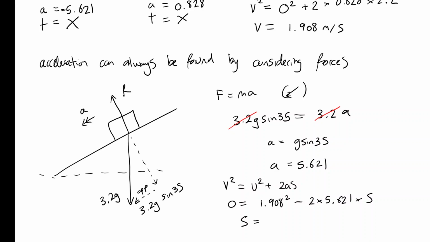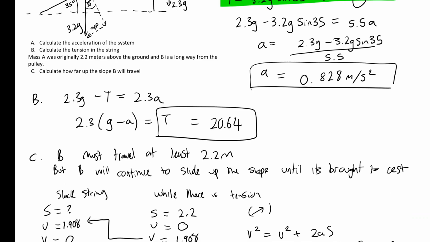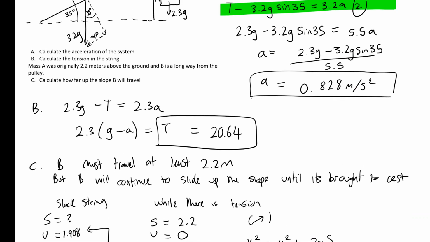So s is 1.908 squared over 2 times 5.621. So that's 0.324 meters. How far up the slope B will travel?